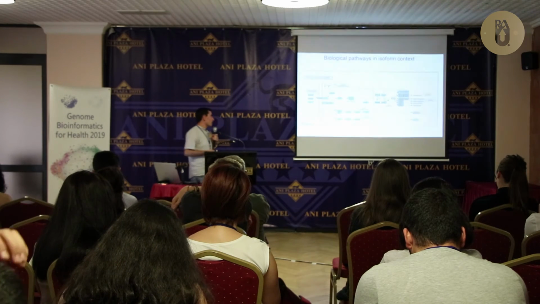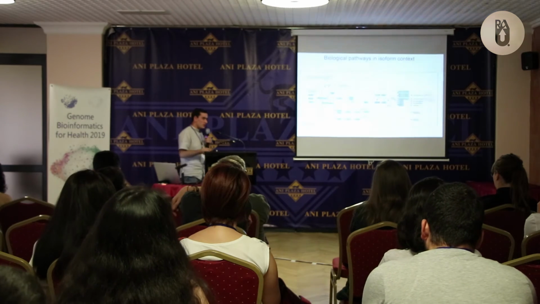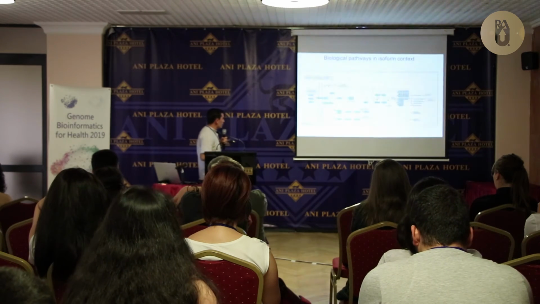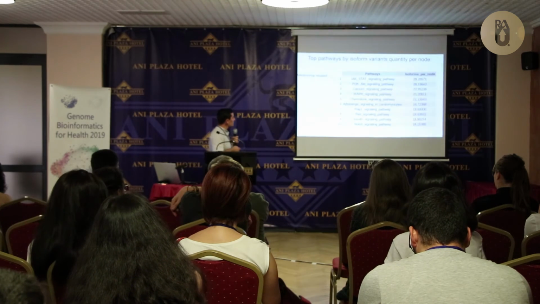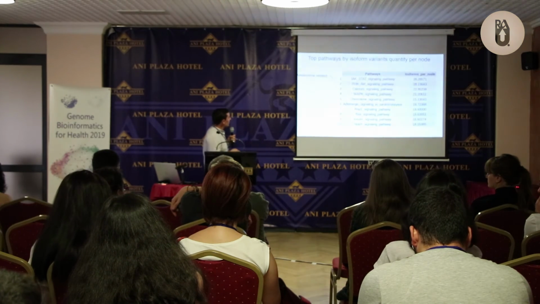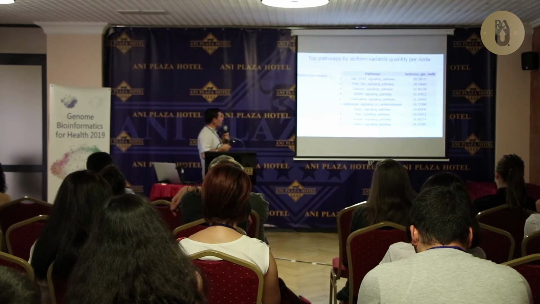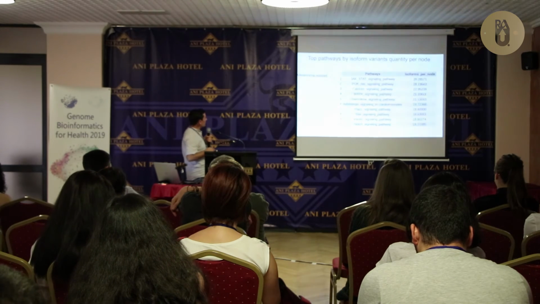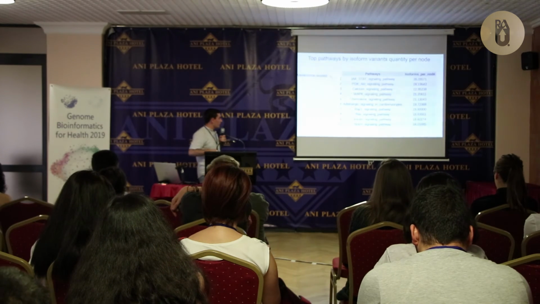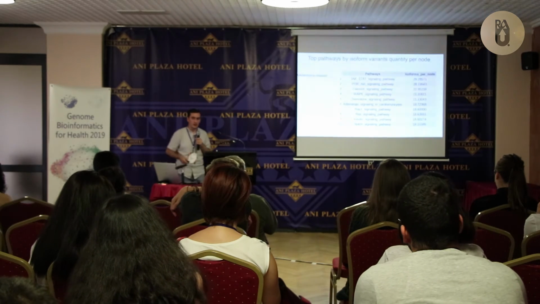We tried to understand the isoform switch distribution on signaling pathways. And we see that some signaling pathways had really many isoform variants inside their nodes, and some of these pathways are related to melanoma, and they are in the top places of isoform complexity.